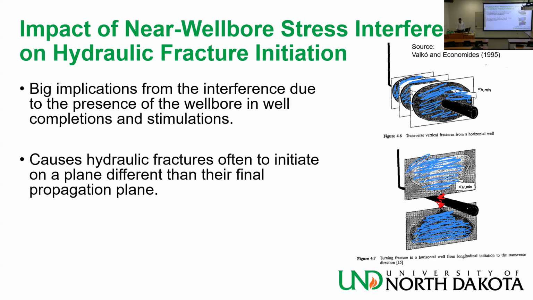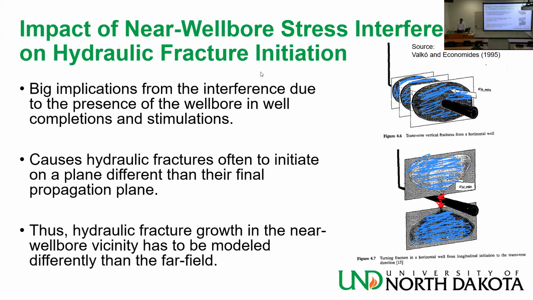So if you take a microseismic measurement and look at the fracture far away from the wellbore, it's going to be okay. But if you look near the wellbore, you are going to find a lot of what they call near wellbore fracture tortuosity, which is a very bad thing.